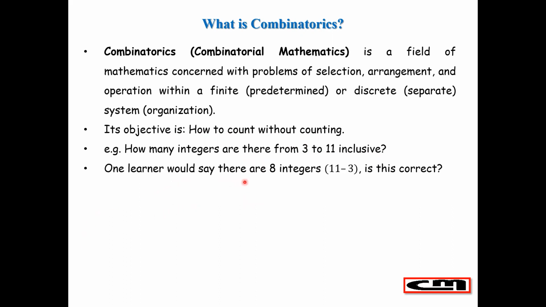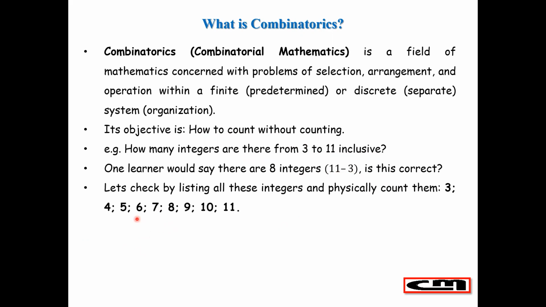One learner would say there are 8 integers, that is 11 minus 3. Is this correct? Let's check by listing all these integers and physically count them. That is 3, 4, up to 11.